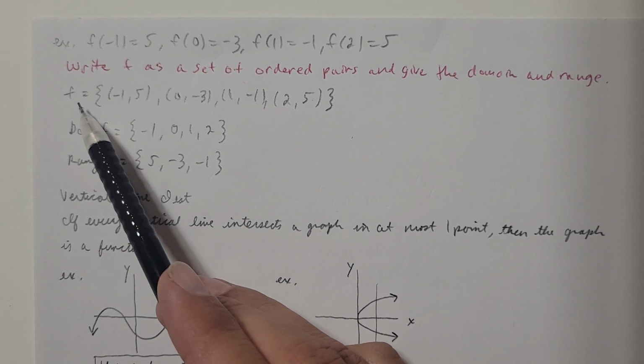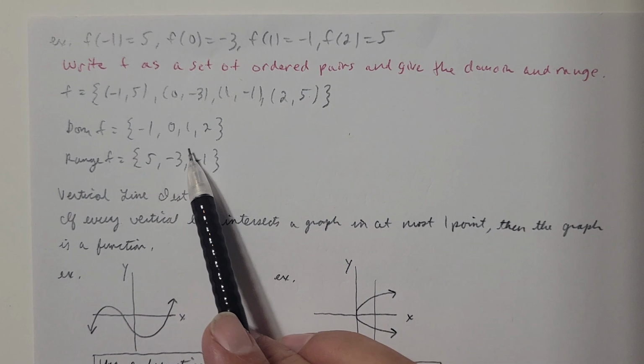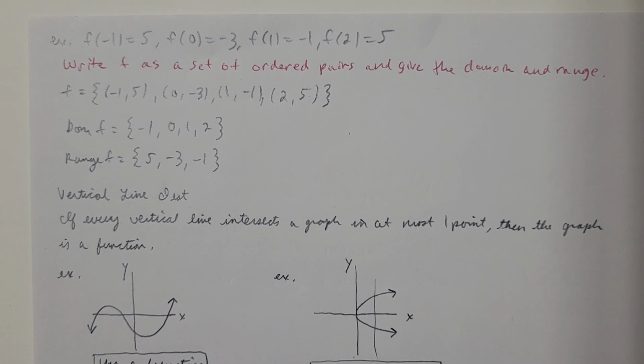I'm calling it f of x. And I want us to state the domain of f and the range of f. So the domain is defined to be a set, same as the range. And I'm using set bracket notation there. By the way, another common notation that you'll see all over the place in this book is interval notation.